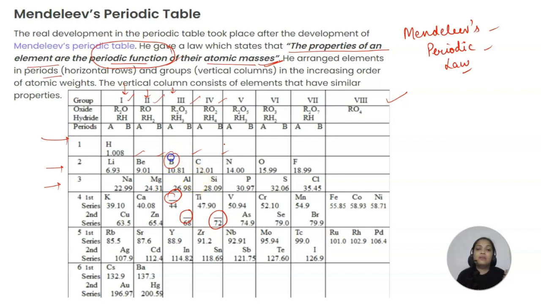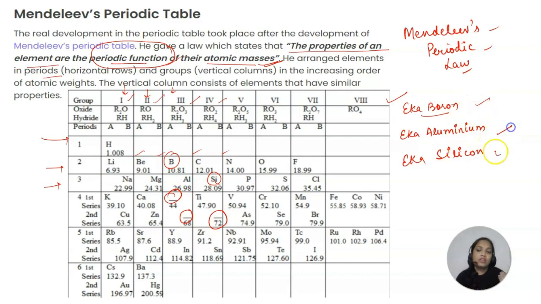So he named them eka-boron, eka-aluminium, meaning the elements that would be discovered would have properties like those of boron or aluminium, and one more was eka-silicon, which were later discovered as scandium, gallium and germanium, respectively. So he was so sure and he gave us this.